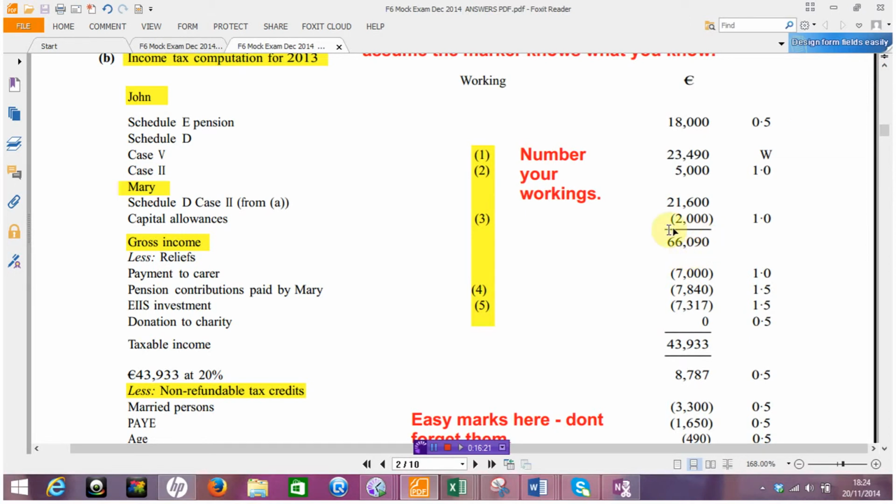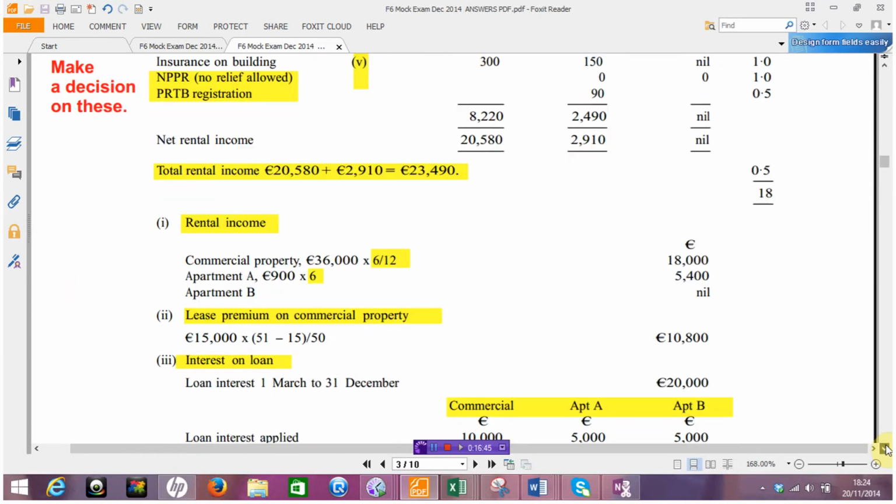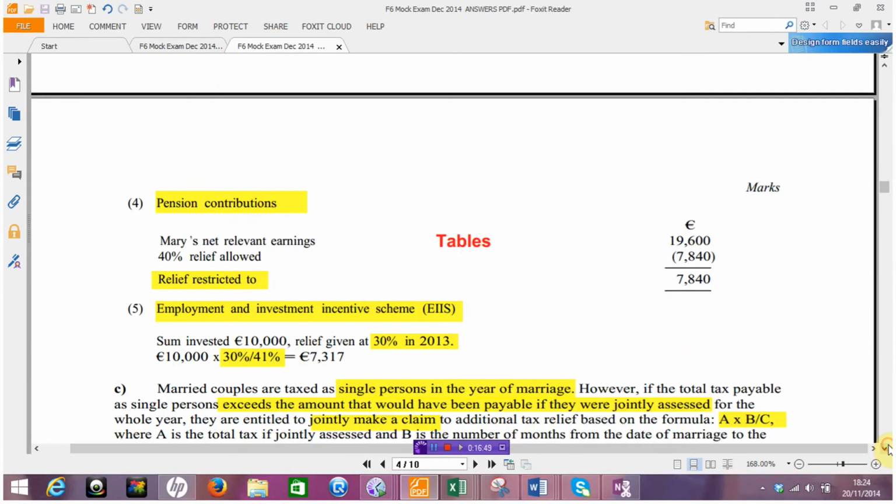So we're now down to this figure of 66,090, and here we see several different reliefs, and I'm going to focus in on 1 or 2 here, just the pension and the EIS. The pensions are very, very common. They're extremely common, and I would suspect that the more common approach to dealing with a pension issue is in a case where the limits are in some way exceeded, as is the case here.